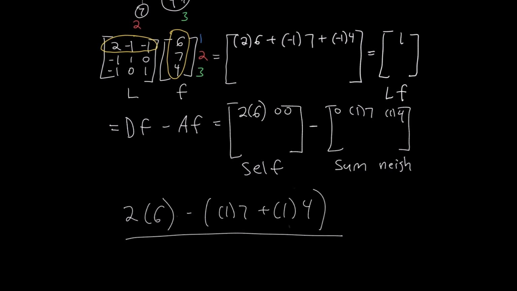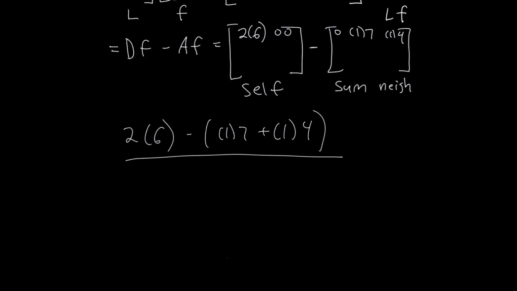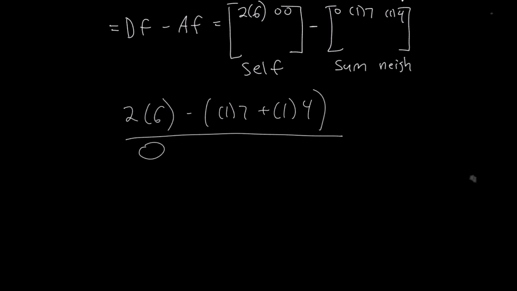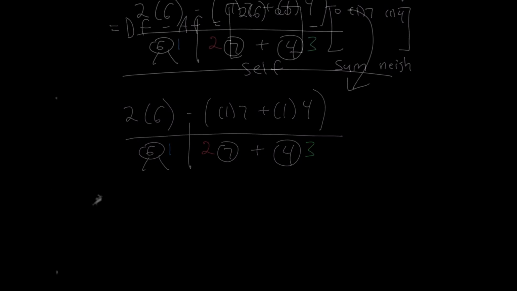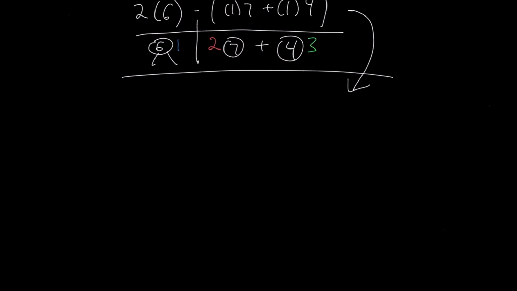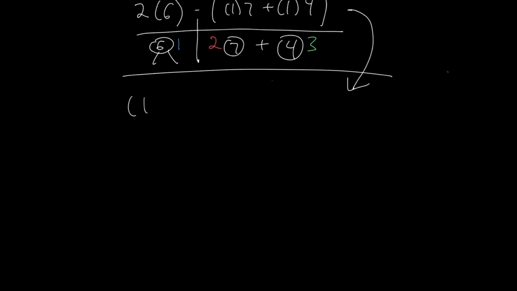If we describe what this math represents, we see that in the first term, it's multiplying the value of a node with its own degree, and in the second term, it's subtracting the sum of its neighbors' values. The reason why we're multiplying the node by its degree is because we're replicating the node's value once for each of its edges, so we can compare edge by edge.